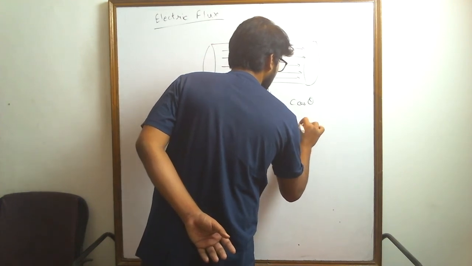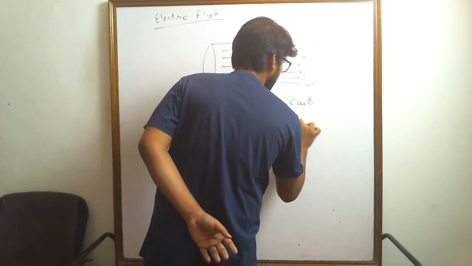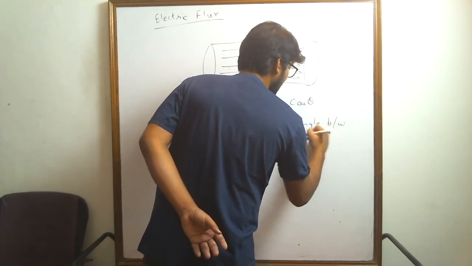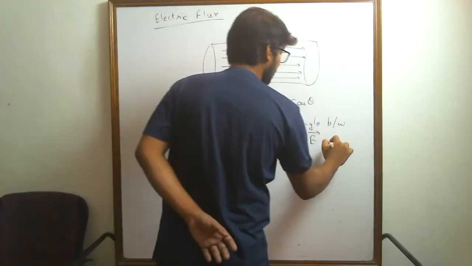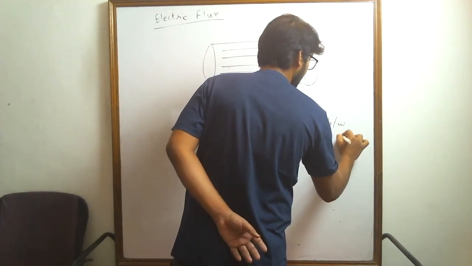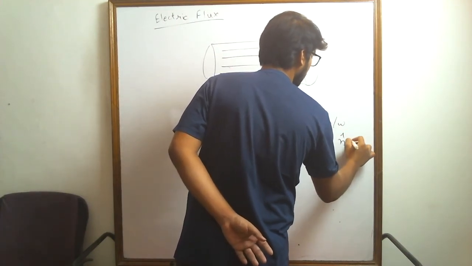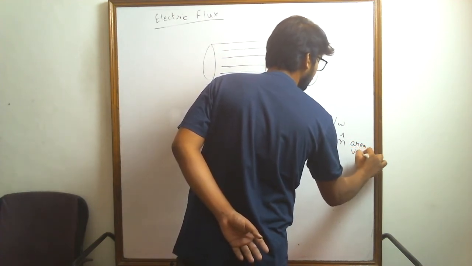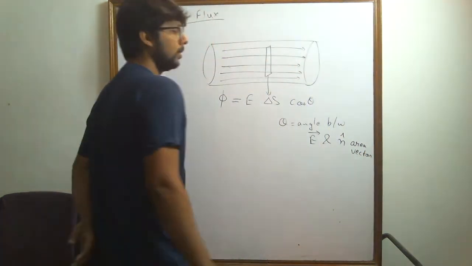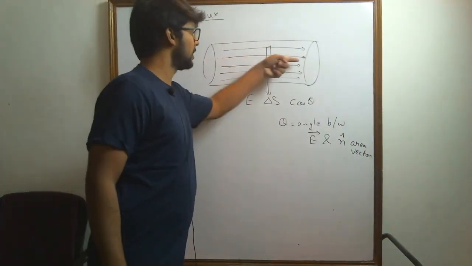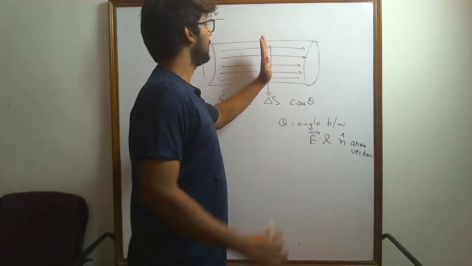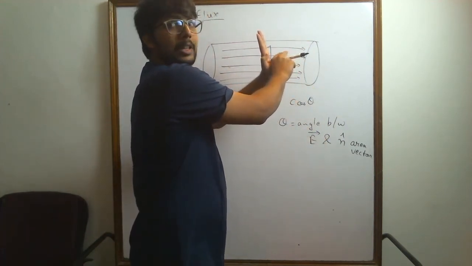I will have to multiply it with cos theta, where theta is the angle between the electric field vector and the n cap area vector. The electric field vector, which is this arrow, and the n cap area vector. The n cap is the normal to the area.